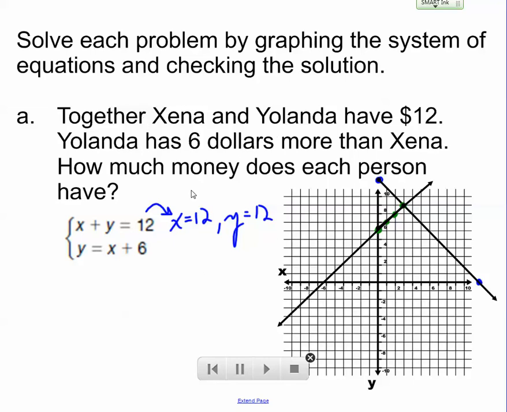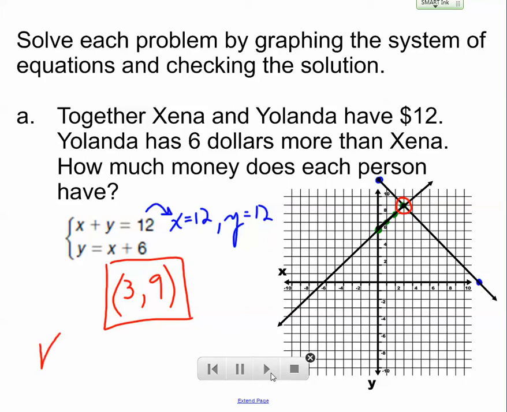Remember, the sum of their money is 12, and Yolanda has $6 more than Zena. Well, the point where these two lines intersect is the solution to that problem, and they intersect at 3, 9, meaning Zena has $3 and Yolanda has $9.